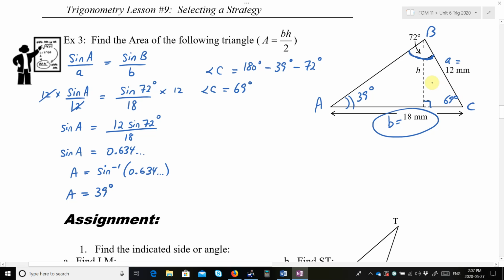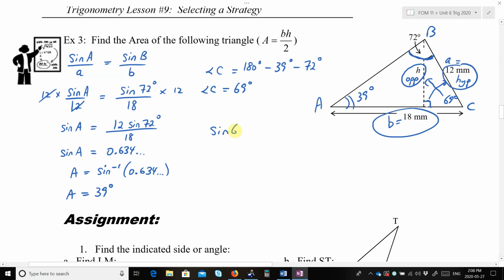And what we're going to do, guys, is we're going to work in this small little 90-degree triangle right here. And the side opposite the 69-degree angle is H, that's the opposite. And across from the 90 is the hypotenuse. Okay, and which trig ratio deals with opposite and hypotenuse? That would be sine.